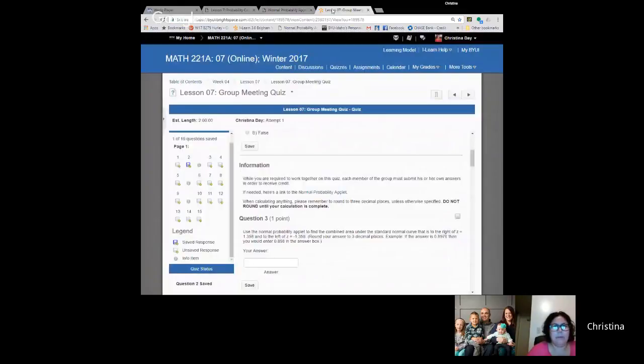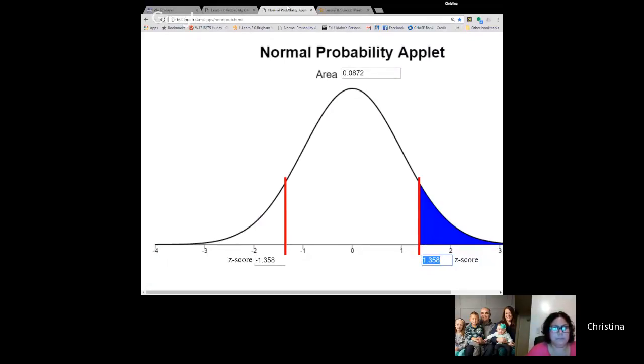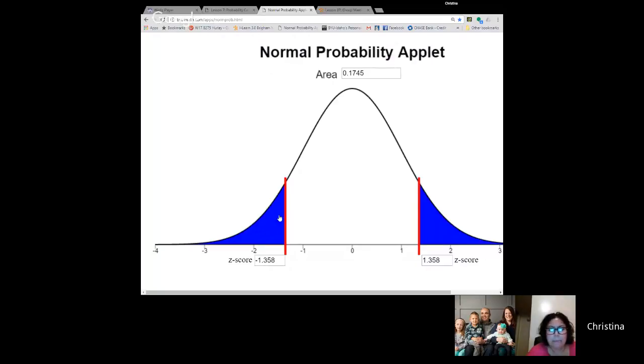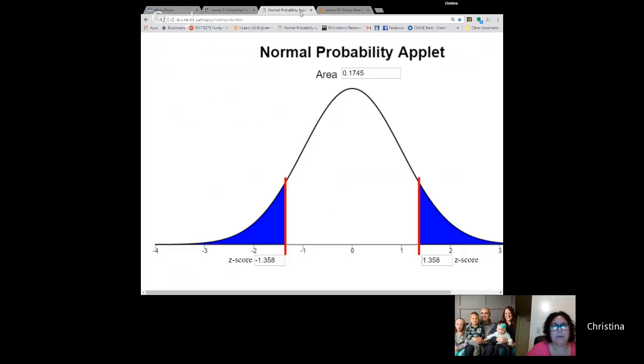The area left of the Z score and right, so both left and right, is 0.1745. Round it, so it's 0.175.